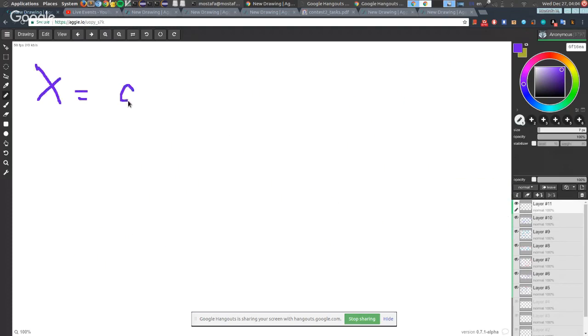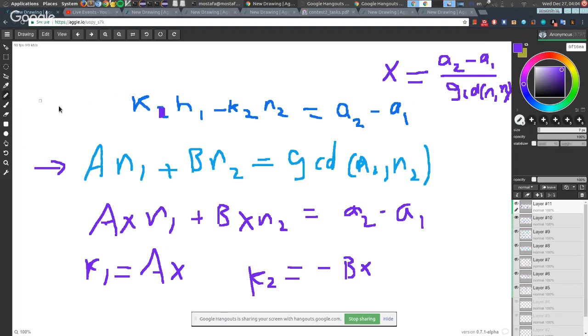So x is equal to a1. Just rename this y.